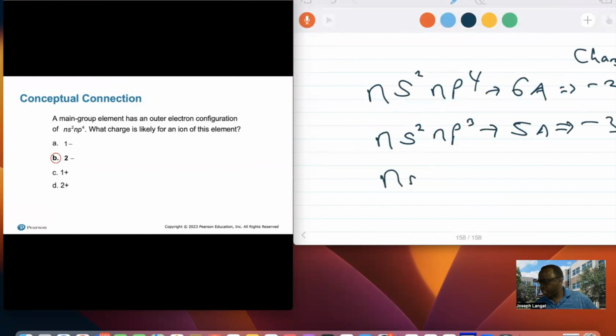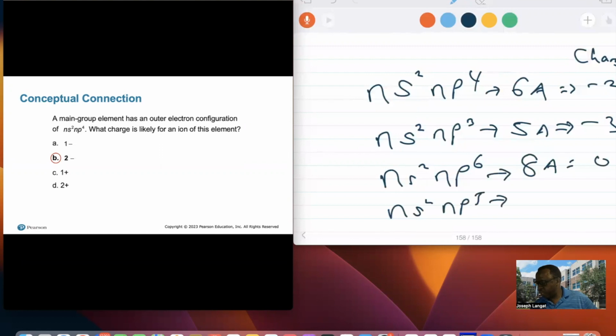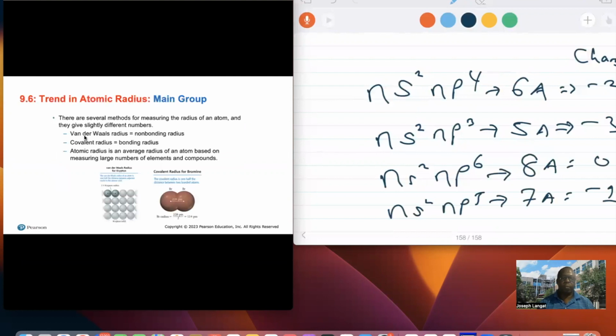If it is ns2 np6, this will be group 8A, charge 0. There is no charge for group 8. ns2 np5 is 7A. We form a charge of -1. You should be well rounded in predicting the charge formed by a given electronic configuration such as the one we have been given here.